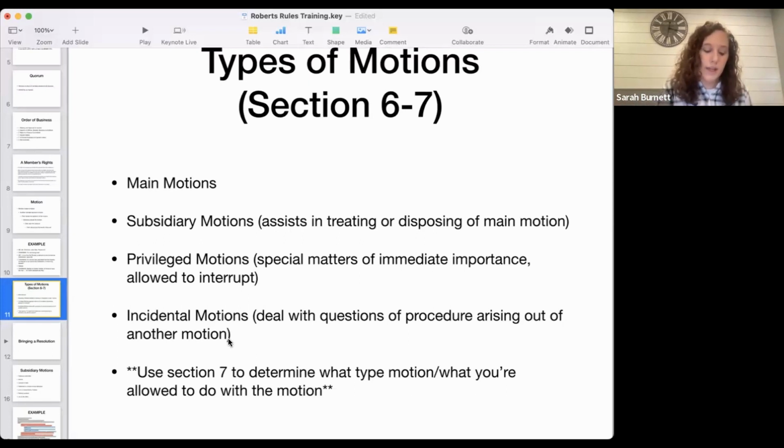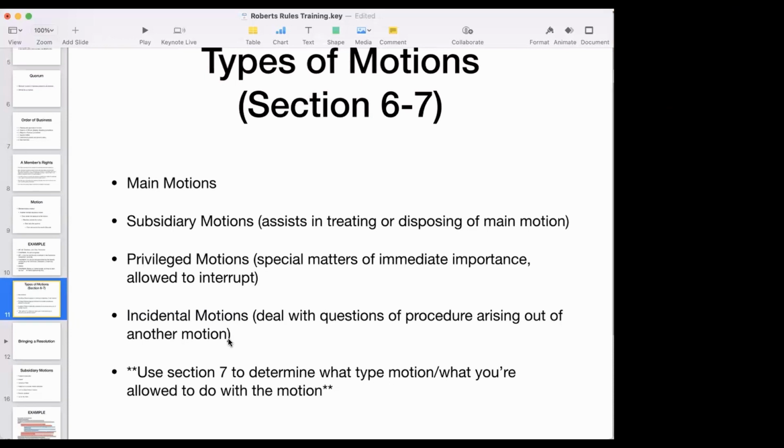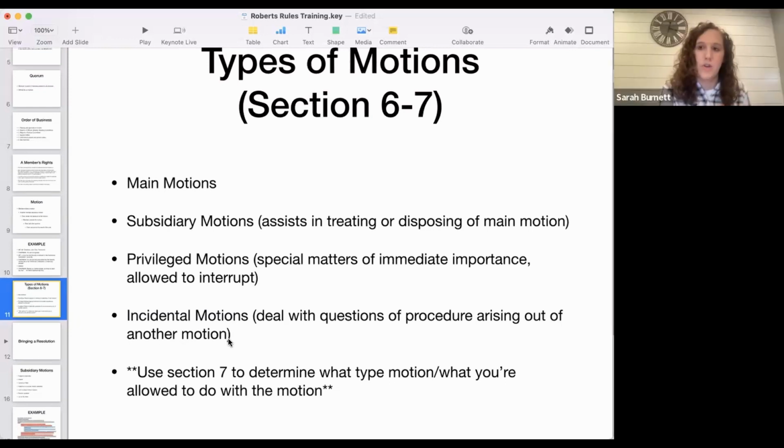What's really helpful about this is that when you turn to any type of motion in Robert's Rules, it will give you the standard characteristics: when it is in order, whether it requires a second, whether it is debatable, whether it is amendable, what vote is required, whether it's a majority vote or 2/3 vote, and if it can be reconsidered. So as you're learning motions, look at these standard descriptive characteristics because they'll help guide you on what you're looking at and if that motion has the different characteristics you need.